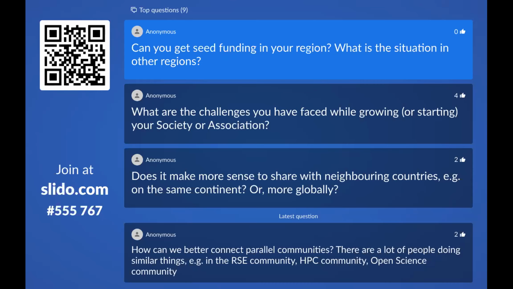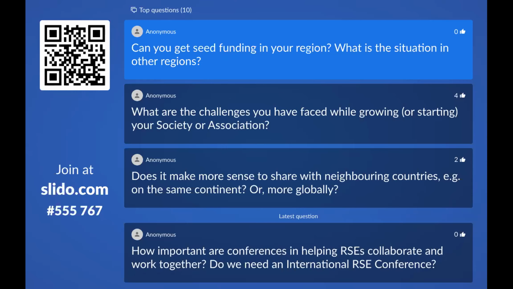So the Nordic RSE, of course, works in a collection of countries, so there are several different layers here. But on the whole Nordic level, there is no seed funding or funding for RSE positions as such. But we have had the CodeRefinery project, which has mainly been developing courses and providing education to researchers in these topics.